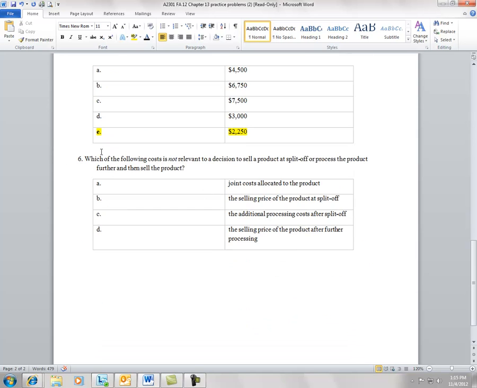Moving on, we can take a look at the last problem here. Number 6. Which of the following costs is not relevant to a decision to sell a product at split off or process the product further and then sell the product? If we're thinking about this, we can think about the example where we have an apple orchard.